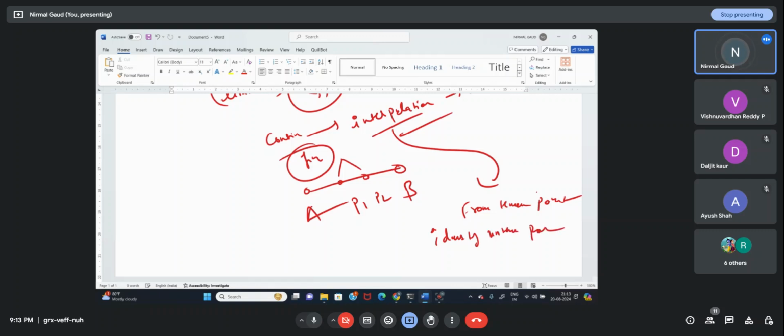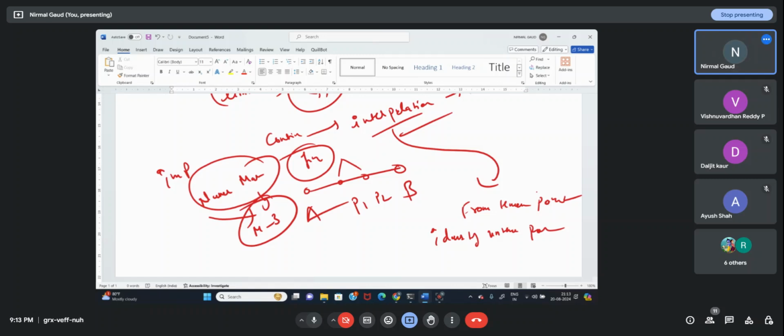That is called interpolation. It is a very important concept in numerical methods, numerical maths, and in our engineering we studied these things in M3. There was a subject called engineering mathematics 3. So in numerical analysis, interpolation is very important. So identification of new points is called interpolation.